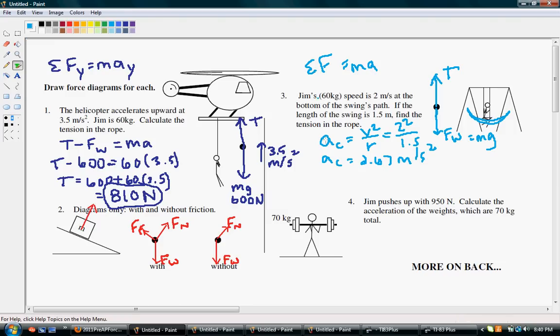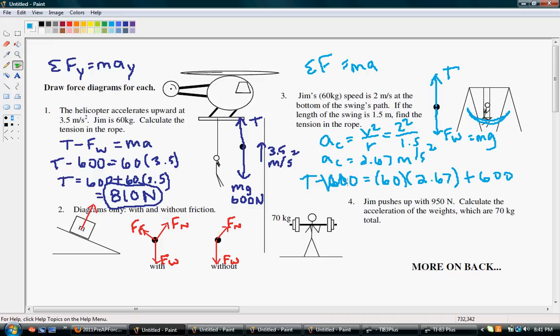Well, we know the sum of our forces equals our mass times our acceleration. So we have tension, which is up, minus force of weight, which is down, which is equal to mass times gravity, so 60 times 10 is 600, and that equals our mass, which is 60, times our acceleration, which we just calculated to be 2.67. So we could add 600 to both sides.